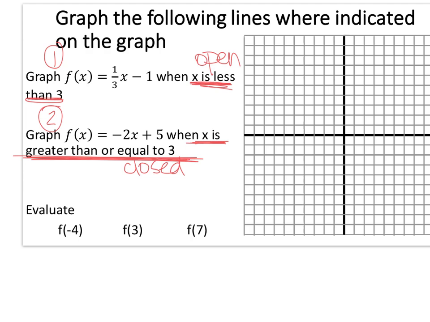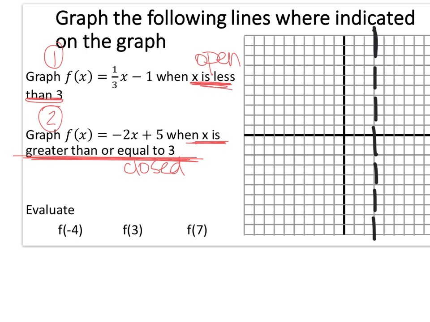Now here, what I want to do is mark this on my graph. So I am going to go where x equals 3, remember that vertical line, and I am going to put a dotted line there. This is where my piecewise function is going to change directions, or where it just changes paths. So from the left up until that dotted line, I'm going to be following the equation 1/3 x minus 1.